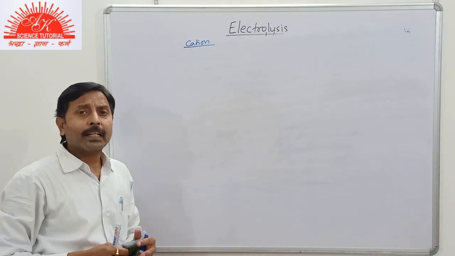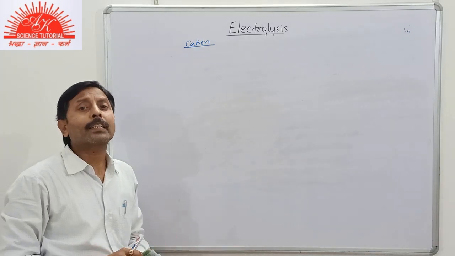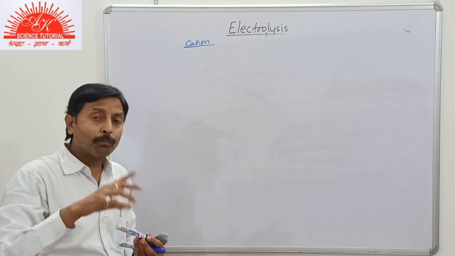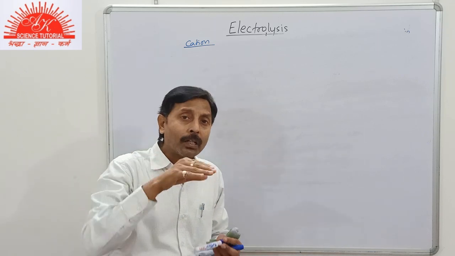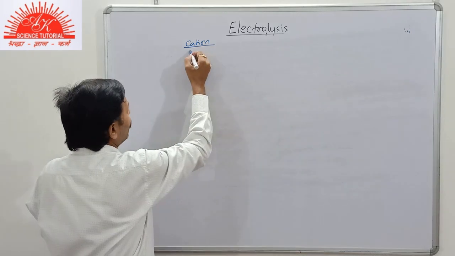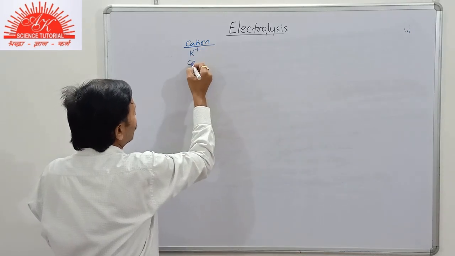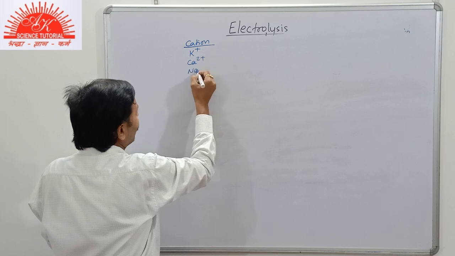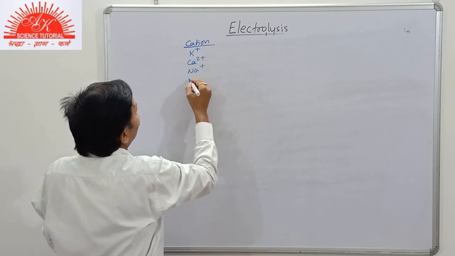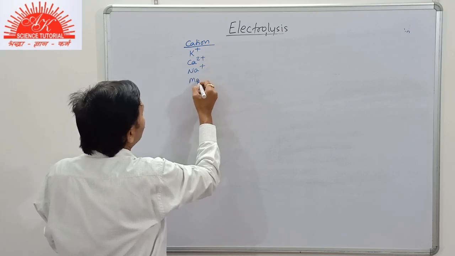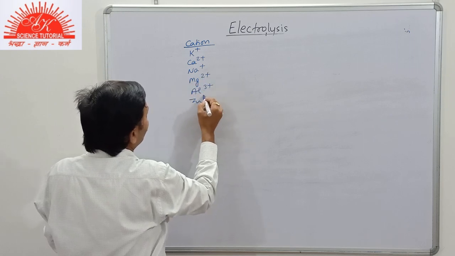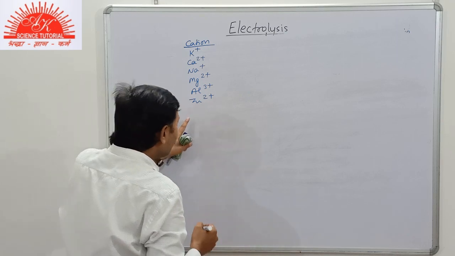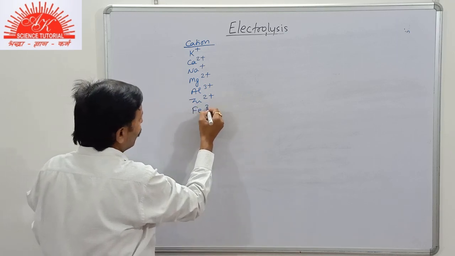This series is similar to the metal activity series, but there is one difference: calcium ion comes before sodium ion. So this series is K+, Ca2+, Na+, then Mg2+, Al3+, Zn2+, and iron 2+.